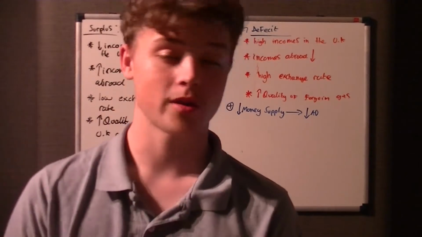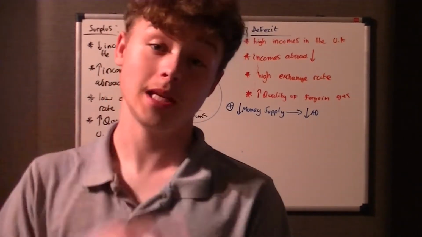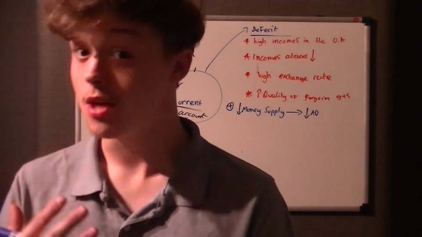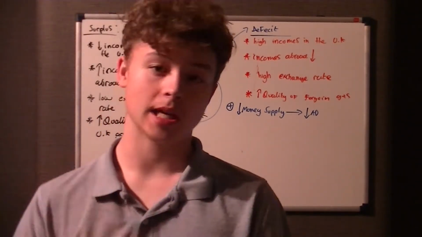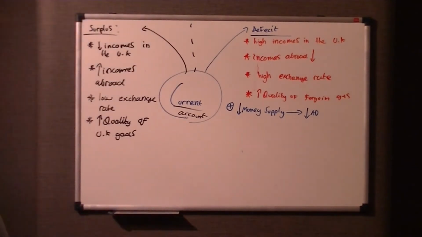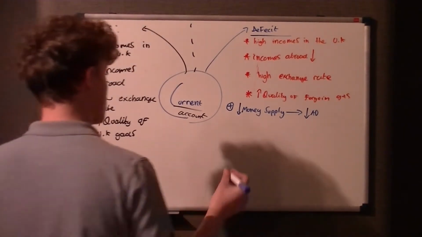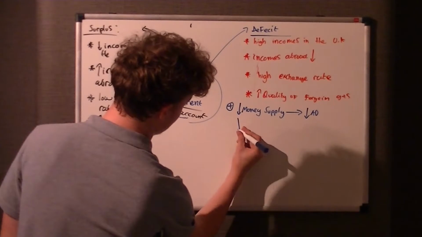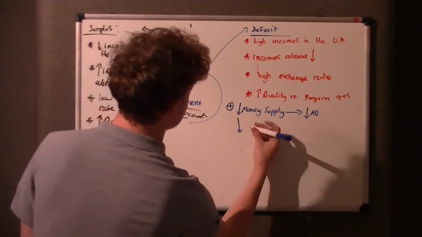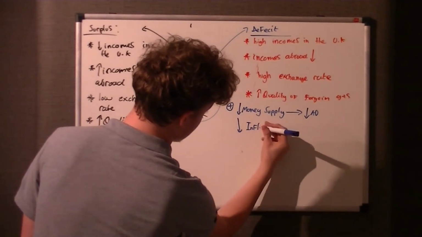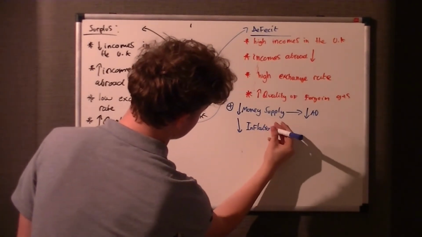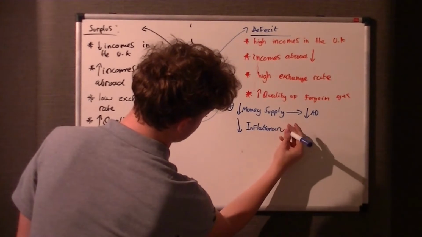With your short run aggregate supply curve, if the aggregate demand decreases, what you have is a decrease in inflationary pressure. There is another thing that goes along with that, but that isn't an advantage, that's a disadvantage. So just assume that for the advantage, we're only talking about good things. So there's a reduction in inflationary pressure, or you could say a demand pull inflationary pressure, to be precise.